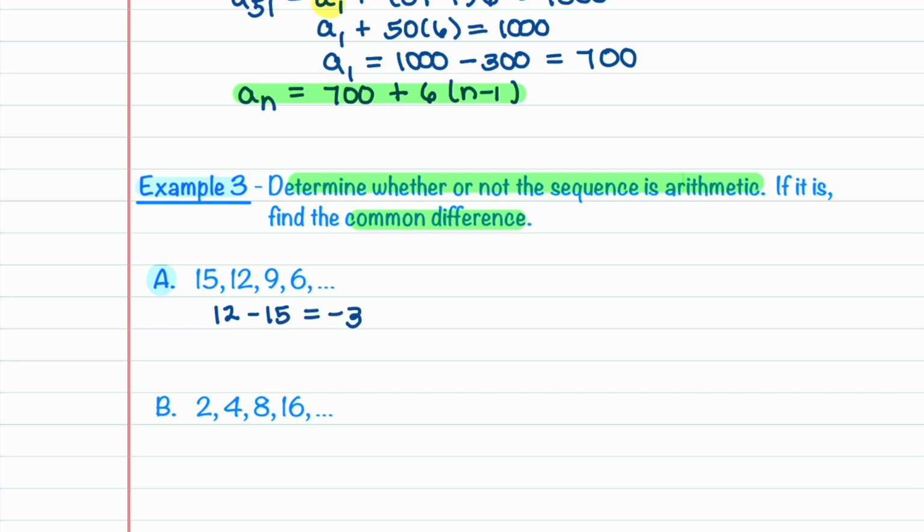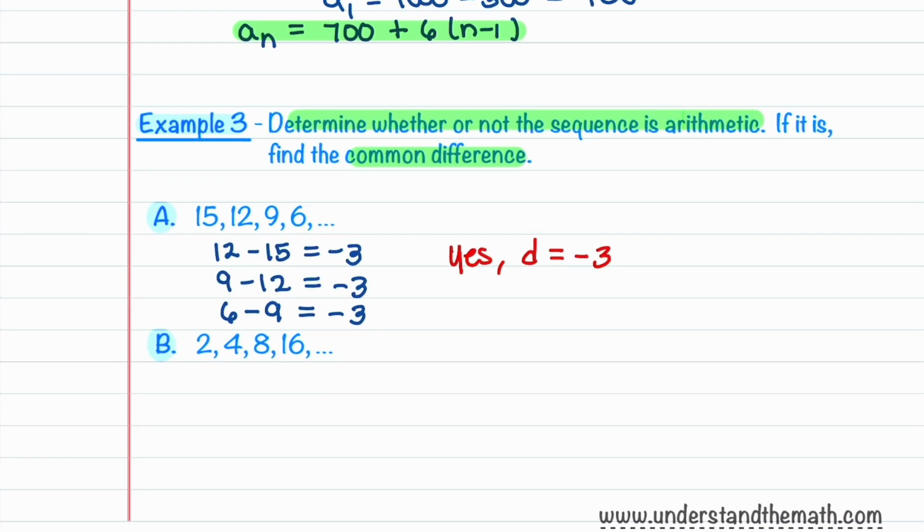Then I'm going to take our third term, 9, subtract our second term and we get -3. And then our fourth term, 6, minus the third term, which is 9, and we get -3. This tells us that our sequence is an arithmetic sequence. So let's write down yes. And then the common difference is equal to -3.